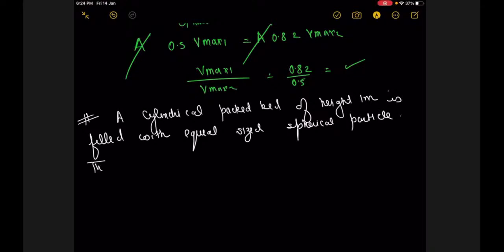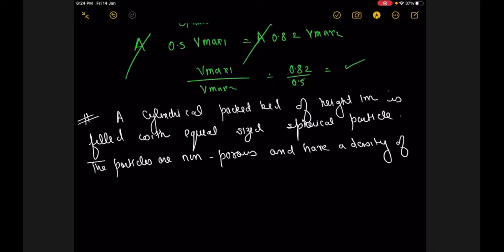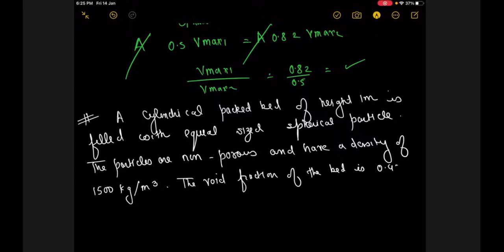The particles are non-porous and have a density of 1500 kg per meter cube. The void fraction of the bed is 0.45.